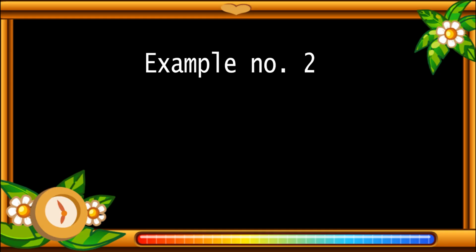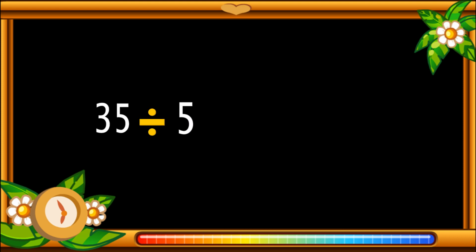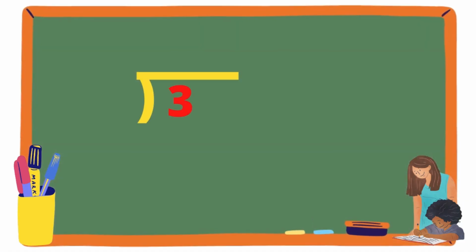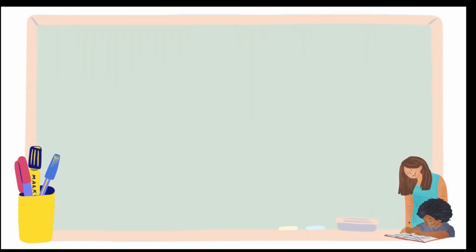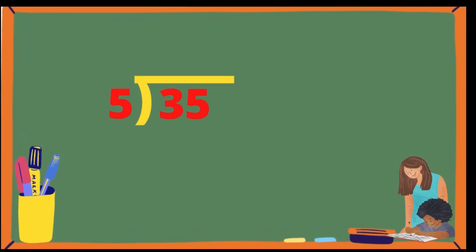Example number 2. 35 divided by 5. It can be written as shown. Write 35 inside the bracket and 5 outside the bracket on the left side.